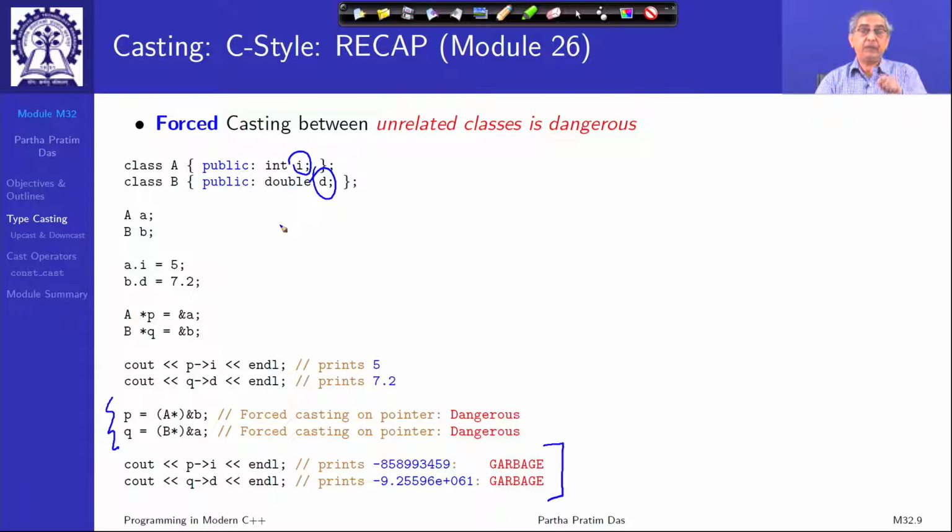So, when I cast the pointer of the type of one class into the pointer of the type of the other class, then I am actually interpreting an int and trying to print it as a double, or otherwise. So, I get all sorts of garbage values. This kind of thing will have to be avoided, and in C++, anything that might lead to a runtime error, we will try to build mechanisms in casting so that it does not wait up to the runtime error.